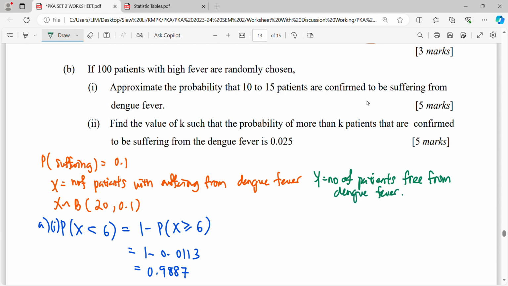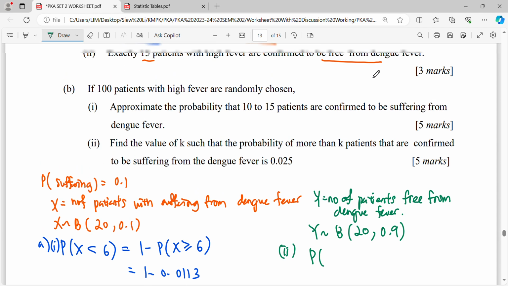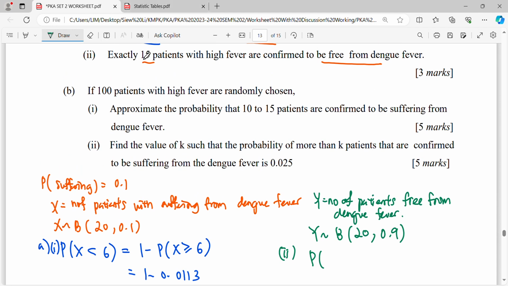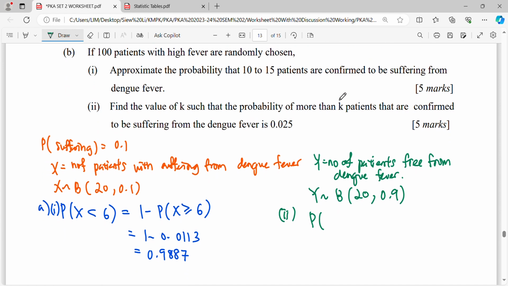Since we already used X, we use Y for the new distribution. Binomial 20, free from dengue fever 0.9. Then in number 2, they are finding exactly 15 that are free from dengue fever. So Y exactly 15.